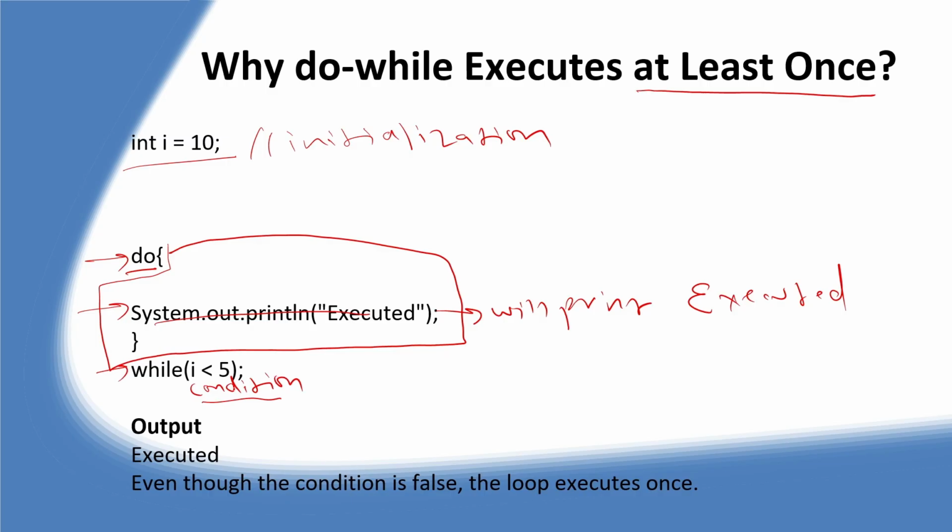So even if the condition fails, it has already printed "executed", and it will come out of the loop. That's why we say the do-while loop executes at least once. So the output is "executed" even though the condition is false. The loop executes once.